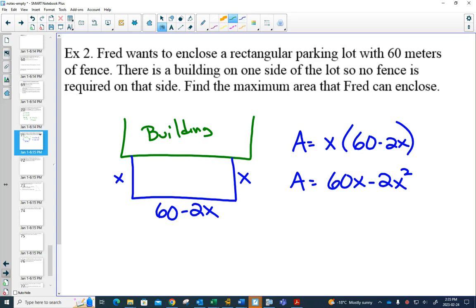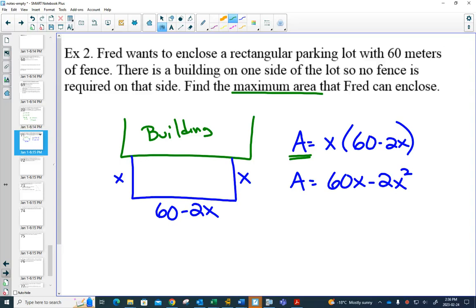A couple of things that are sometimes hints in these questions. If you want to find a maximum area, that means your equation should be area equals. If you wanted to find a maximum profit, then you need to make an equation profit equals.